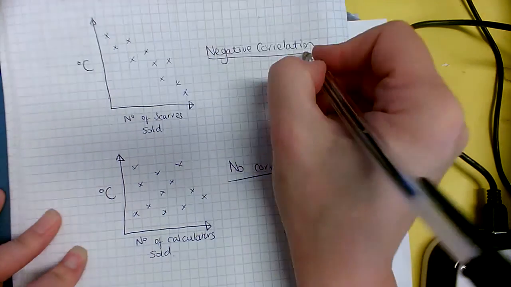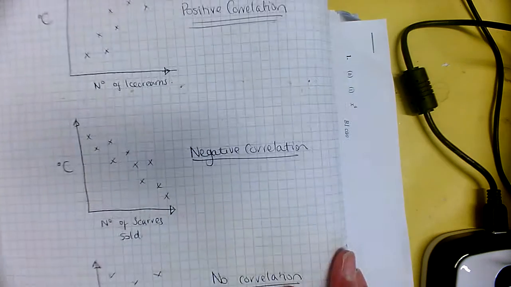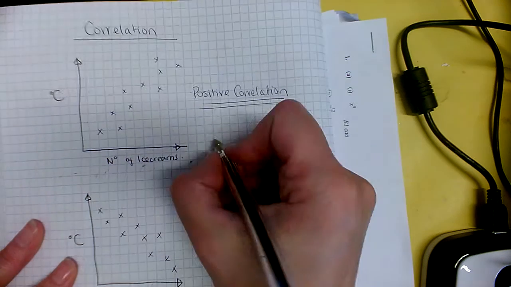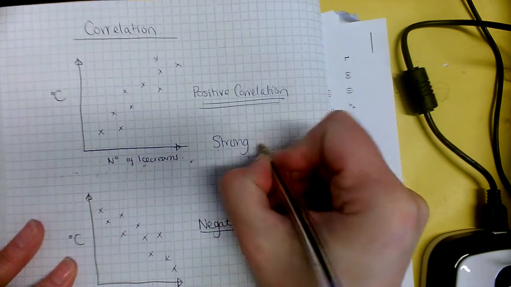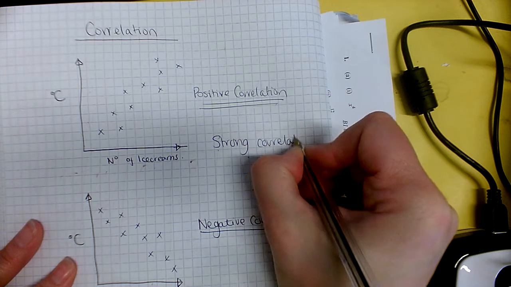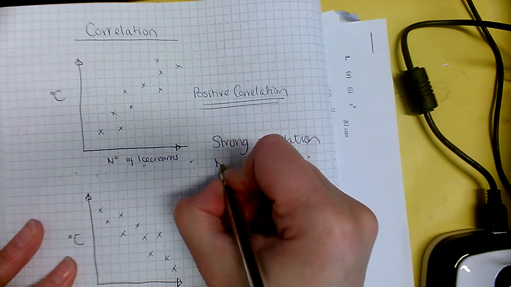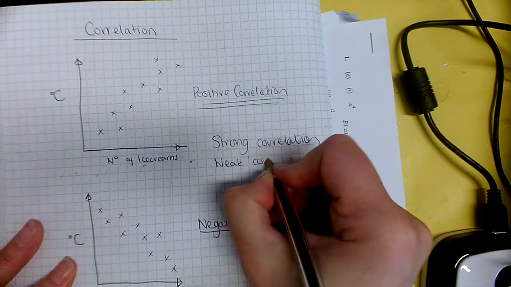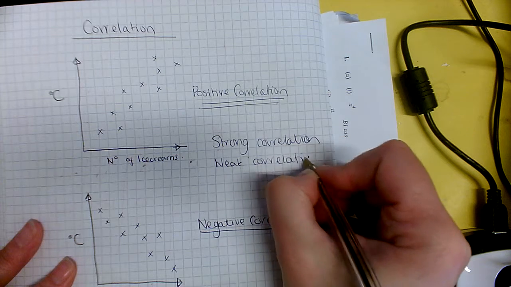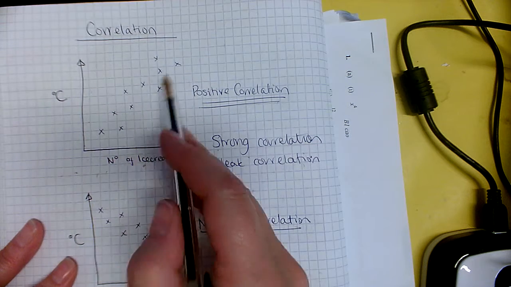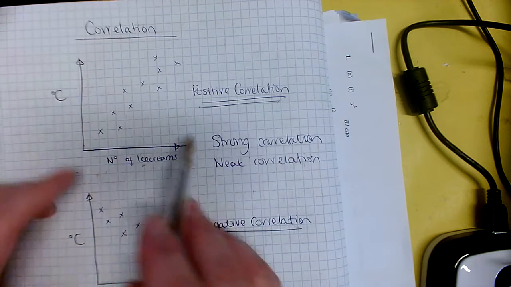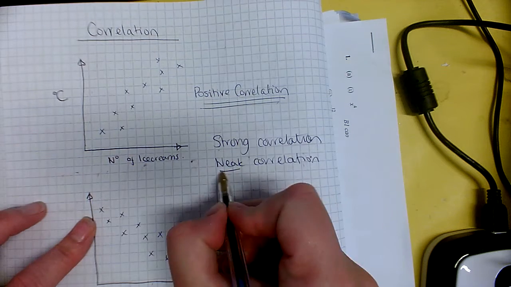Now the only other thing to bear in mind is that we also have this concept of strong and weak correlation. That simply means that the closer the dots are together, the stronger the correlation. The closer the plotted points are, the stronger the correlation, and the more spread out they are, the weaker the correlation.